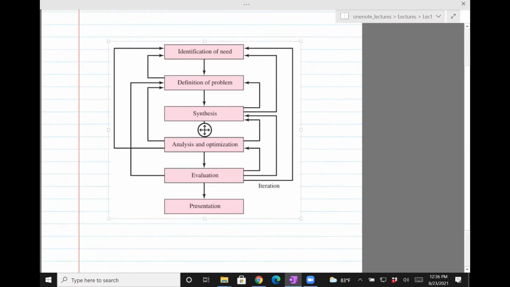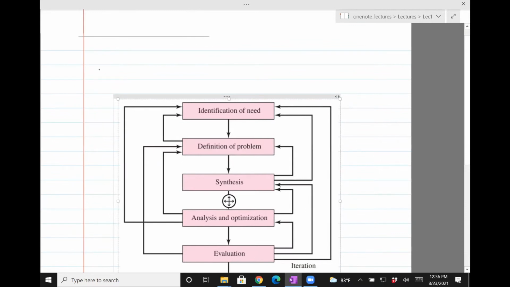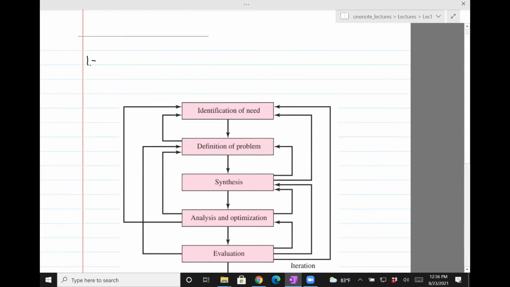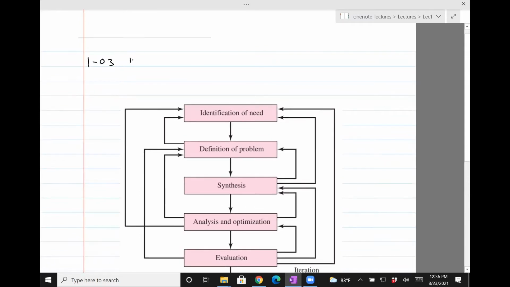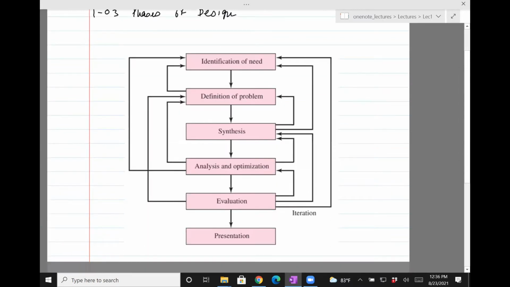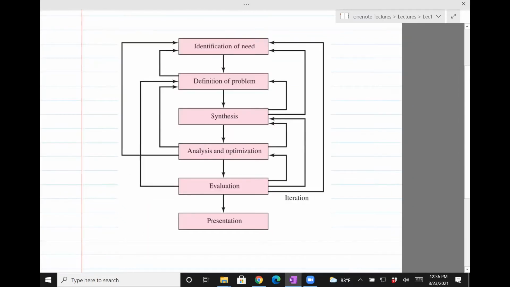So this is a way the book talks about the phases in design. Okay, and so this is pretty much self-explanatory, right? You first have a need.